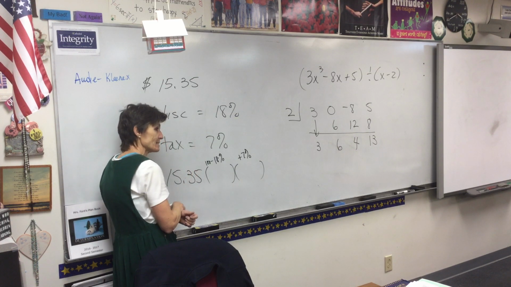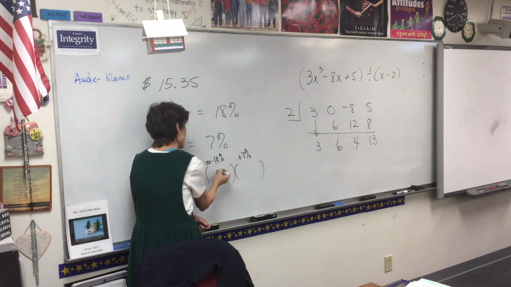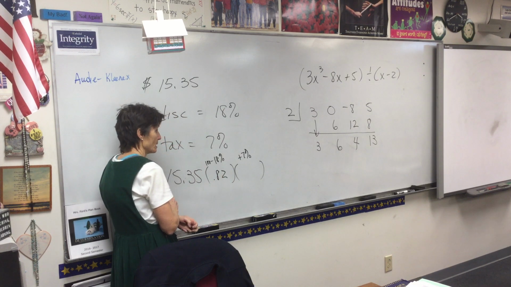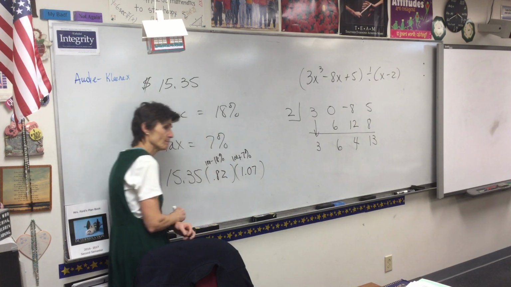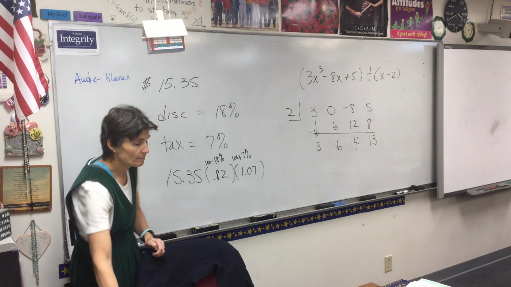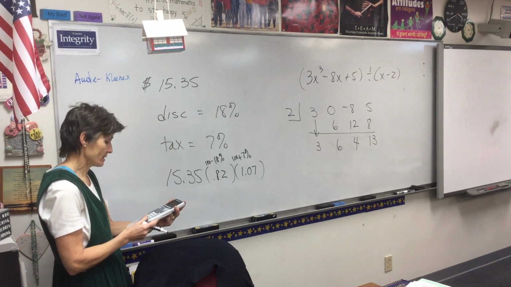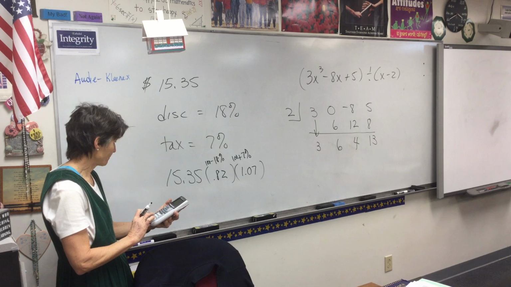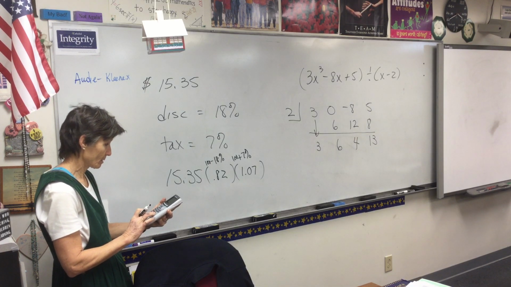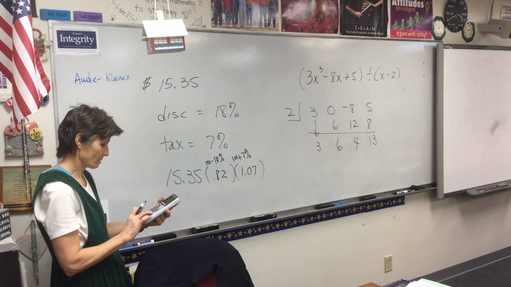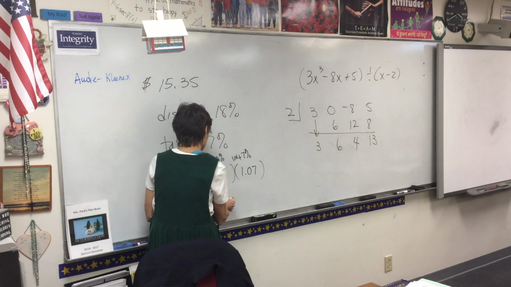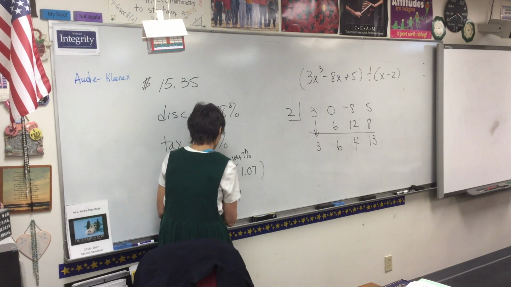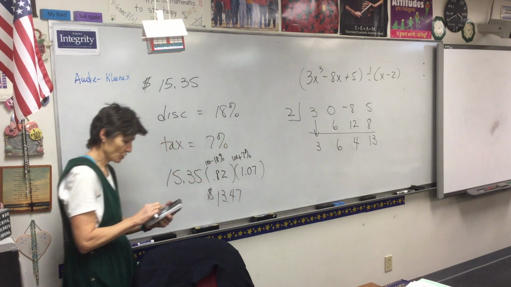So 100 minus 18 is 0.82, and 100 plus 7 is 1.07. Then I just type those in and round it off to the nearest cent. And I got $13.47. That's what I'll pay when I get to the checkout.